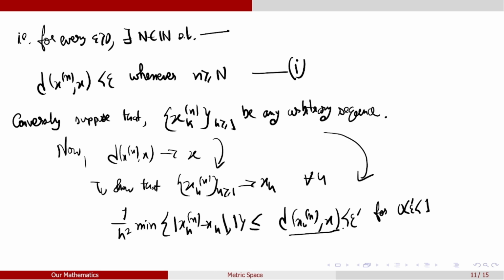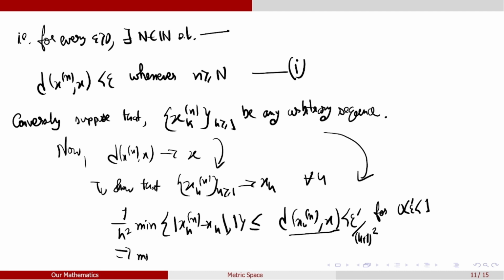Since it is less than epsilon for all epsilon, in particular for epsilon prime lying between 0 and 1, this is also true. And since there is a 1 by k square, we will write epsilon prime by (k plus 1) whole square, where k plus 1 is with respect to this particular k.